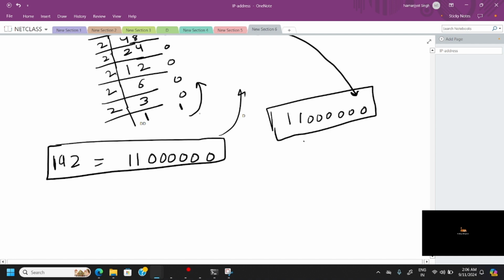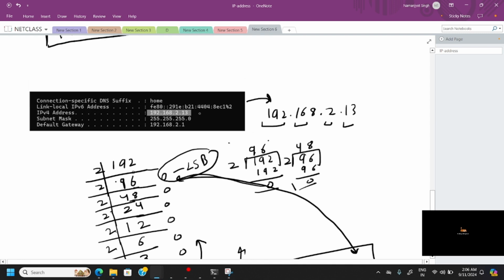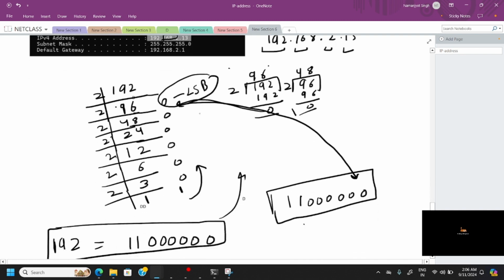So you take this 192, you break it like this. Let's take the other part, 168, sorry.